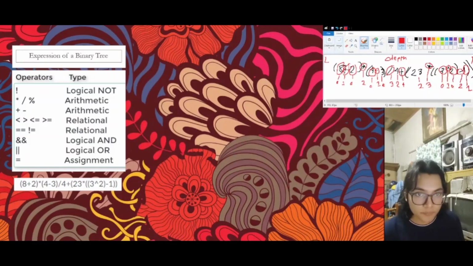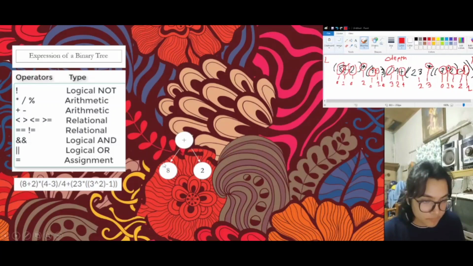We're going to start with the left so that we are systematic. So let's start with 8 plus 2, which is 0, 1, and 0. So this has a depth level of 0, and this is a depth level of 1.